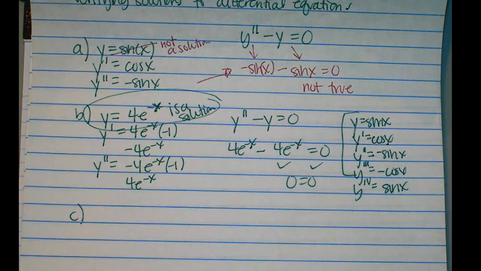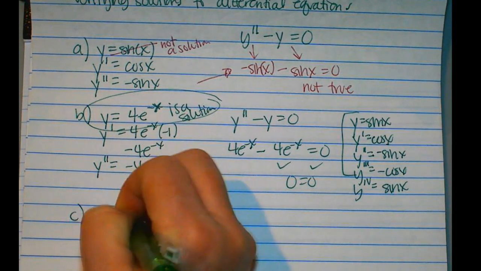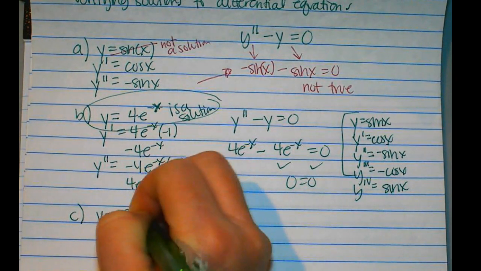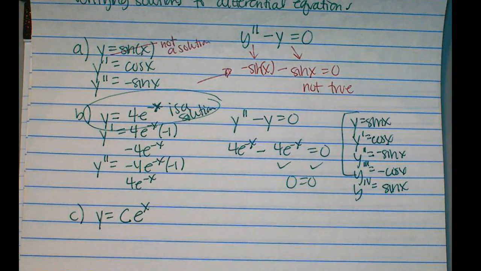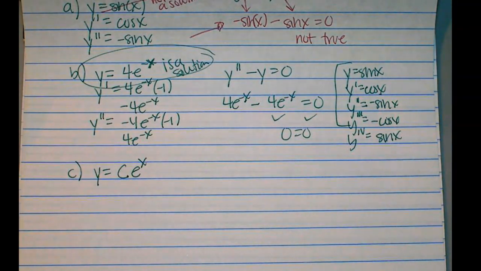C says y equals c e to the x, and this is sort of setting us up for what we're going to do soon. That means any constant times e to the x. What's its derivative and second derivative? The same thing.